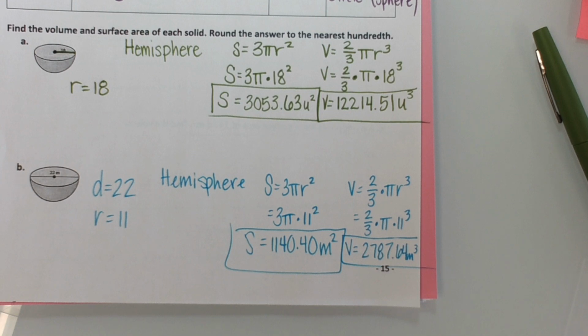Half of 22 is 11, so 11 is our radius. When we plug that in, we should get 1140.40 if we're rounding correctly, meters squared. And for surface area, 2787.64 meters cubed. We do have one more page that we're talking about today.